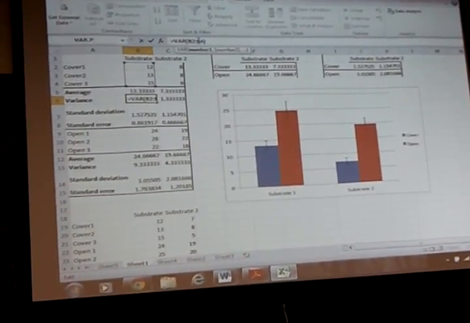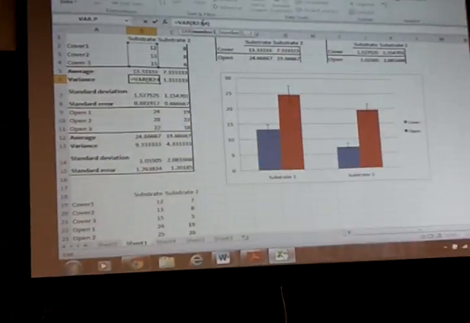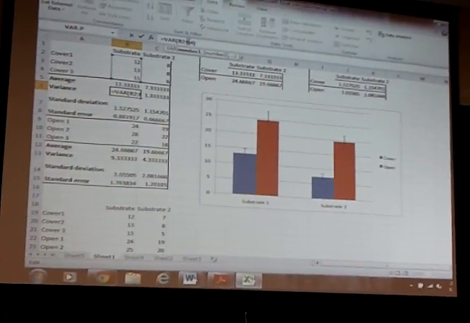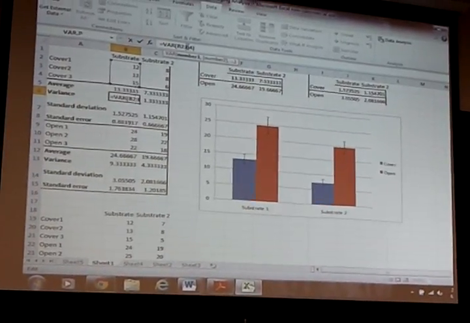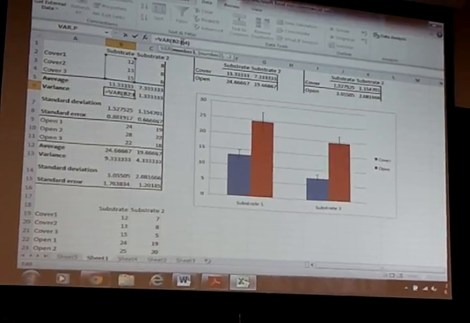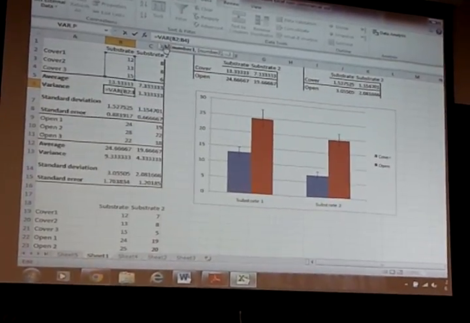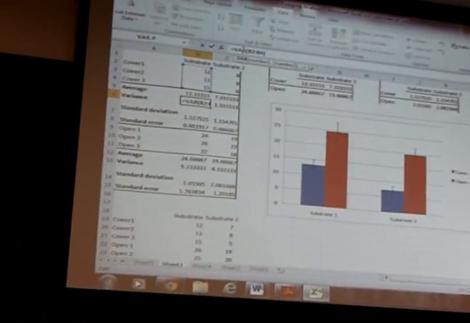So the variance is actually just a very complicated way of adding up all the individual minus the average squared, all those added up. That's your variance, okay? So, long story short, the equation for that is just VAR, and then you highlight the columns.